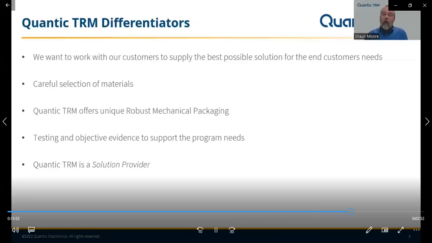We really mean that what we are looking at doing here is providing the total solution that our customers need for their individual project. We are not simply a parts provider. If the system requires more than that, whether it be analysis or testing, again, we are configured and happy to provide those services as well.